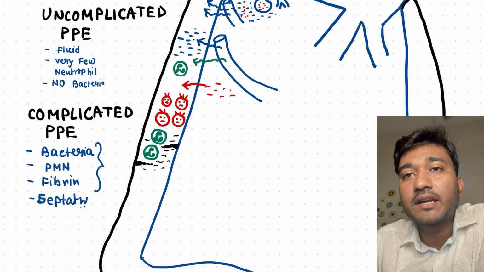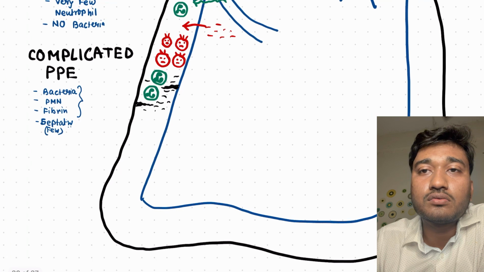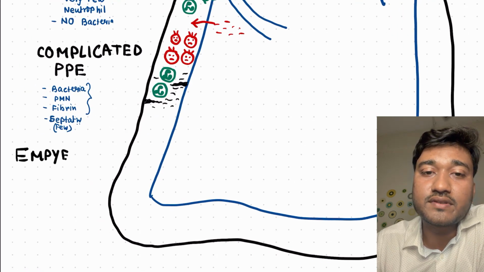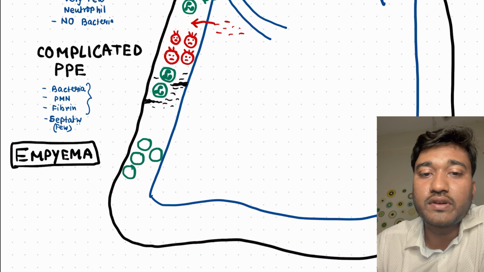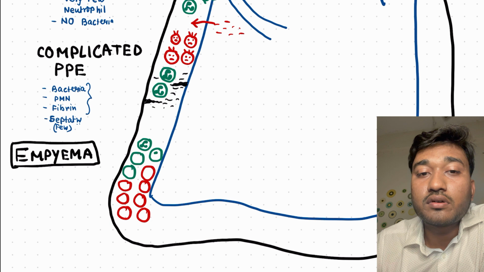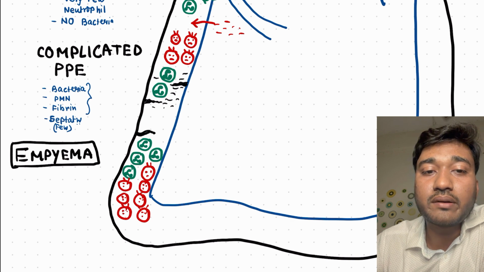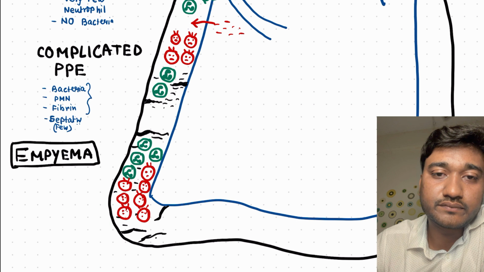After complicated parapneumonic effusion, in this sequence we have the actual empyema. As time passes, more and more bacteria come into this place, along with more neutrophils and macrophages, and they keep laying down fibrin within the pleural space. Therefore a fibrinopurulent material is formed.